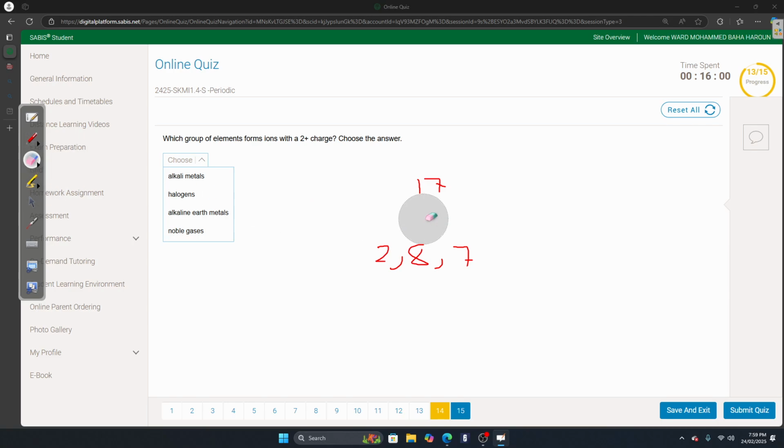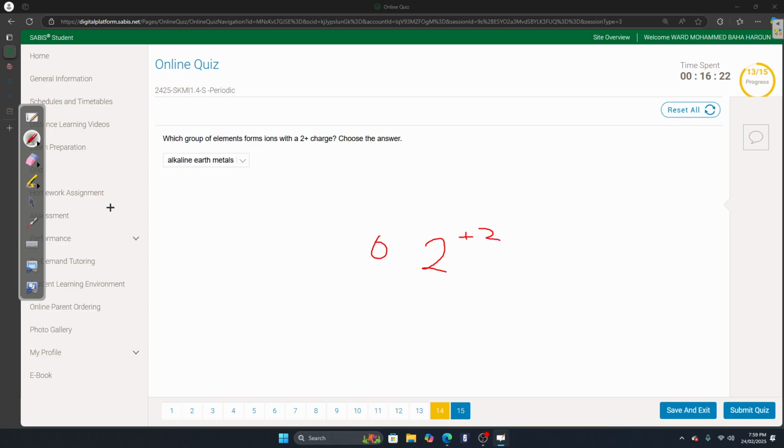It's not halogen. Why? Because plus 2, so the valence electron plus 2. It is alkali earth metals because alkali earth metals have 2 valence electrons, and since it's below 4, you want it to be 0, so you're going to add 2 to even it out. Yeah.